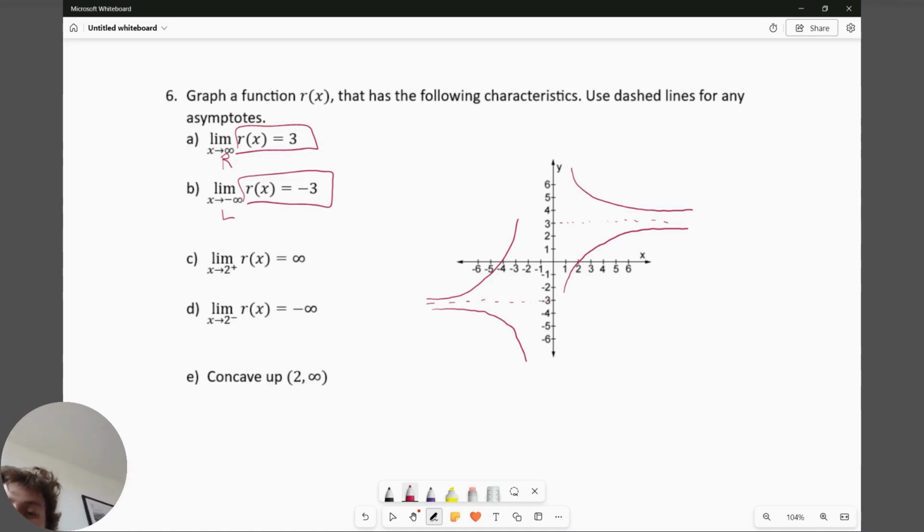The next statement says the limit as x approaches 2 from the right. Remember this 2 with that plus means from the right side. So if I approach the x value of 2 from the right, let's look at that. So I'm going to have some asymptote, a vertical asymptote at 2 now. So it looks like these lines, I'm just going to move out of the way for now. We'll figure out which case they are in a moment.